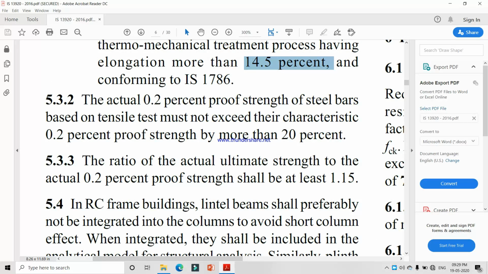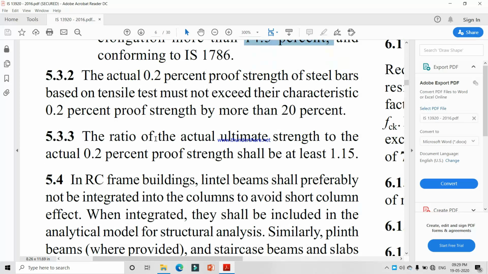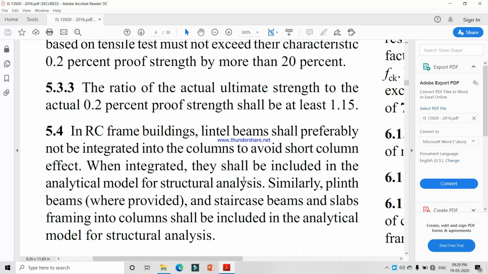This is the actual 0.2% proof stress. Proof stress is the yield stress, equal to 0.2% proof stress. Proof stress is also called plastic stress. And these are the ratios: the ratio of actual ultimate strength to the actual 0.2% proof stress shall be at least 1.15.